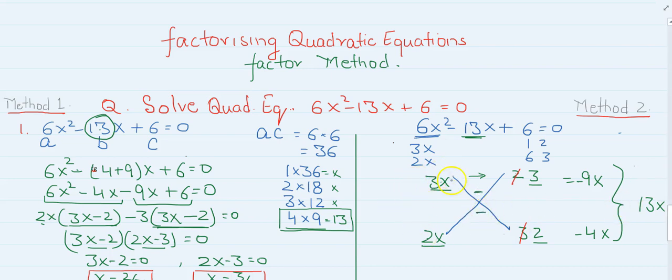So now our first factor will be 3x minus 2. And our second factor will be 2x minus 3.